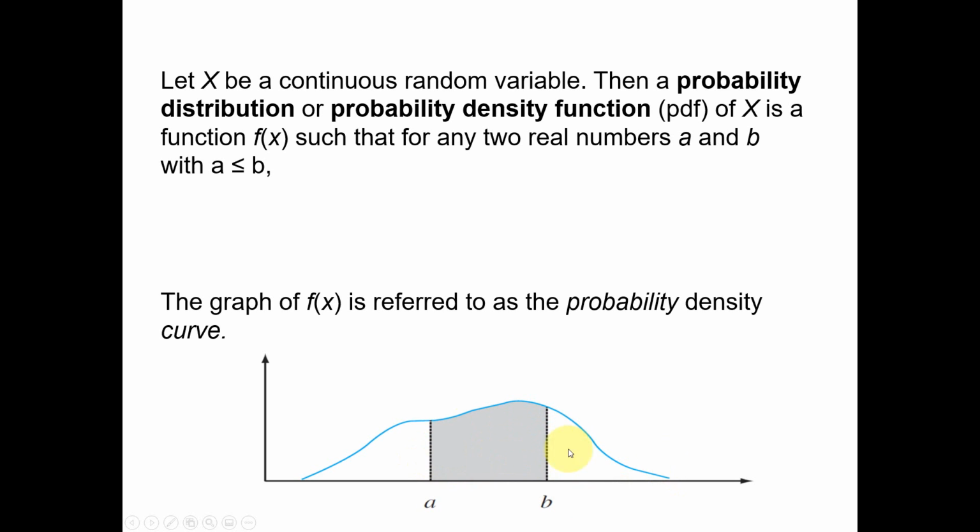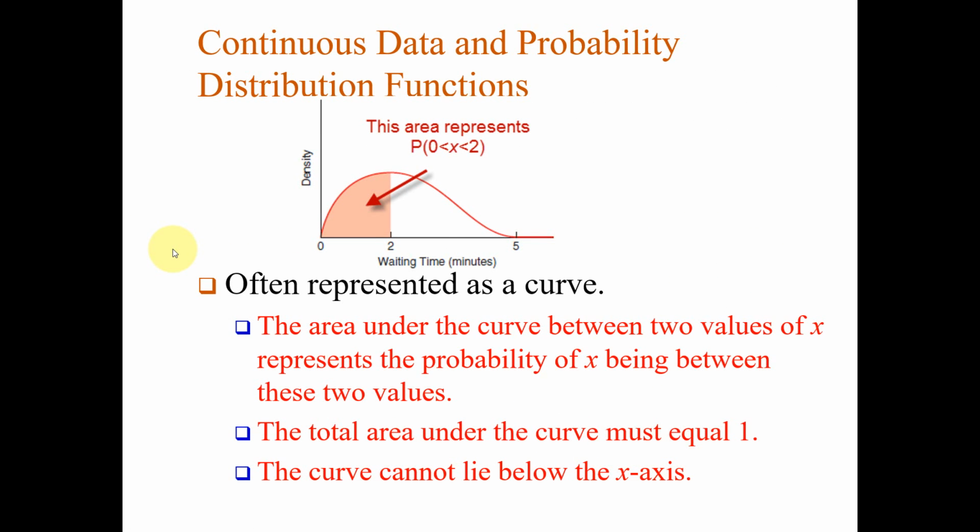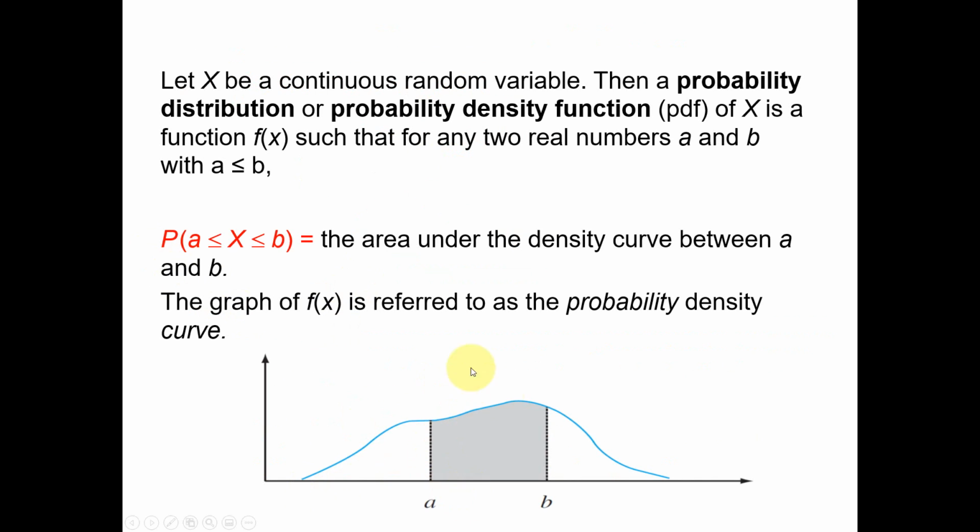Here are the two points, and the area below it. So the probability of a less than or equal to x less than or equal to b is the area under the density curve between a and b, and that's the probability. That makes sense.